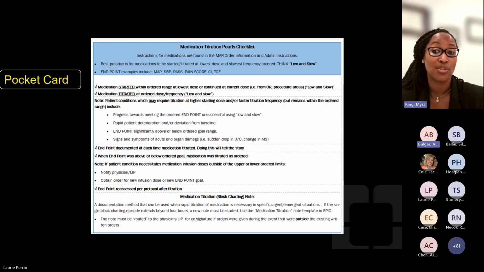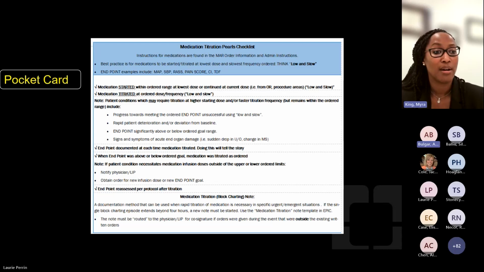The progress towards meeting the ordered endpoint is unsuccessful using low and slow. There's a rapid deterioration from baseline, or the endpoint is significantly above or below the ordered goal range. There also may be signs and symptoms of acute end organ damage. Again, you really need to be able to tell a story as to why you went up higher than the lowest dose or faster than the slowest frequency.